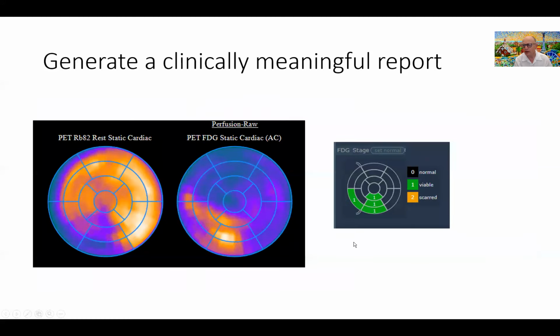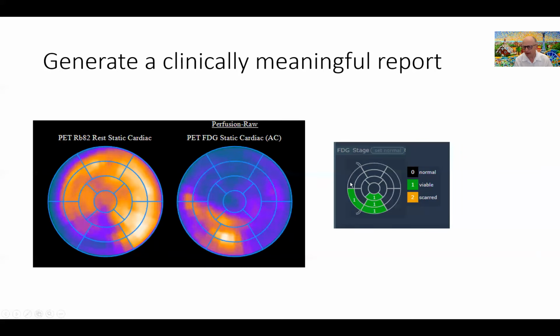To call hibernation, we call it on a scale like this. These are the images of the FDG here and the perfusion at rest, and we called hibernation. 1 we call viable, 2 scarred, as suggested by the American Society of Nuclear Cardiology guidelines for calling hibernation. So we have viable or non-viable, which is scarred, as a scale of 1 to 2.